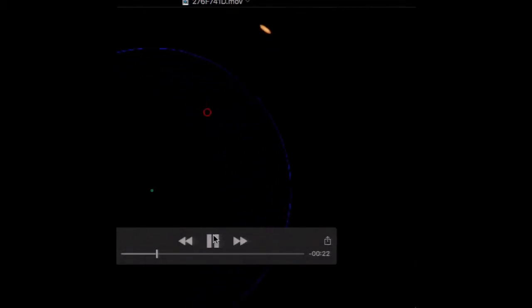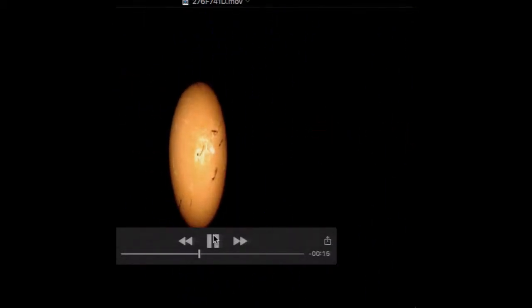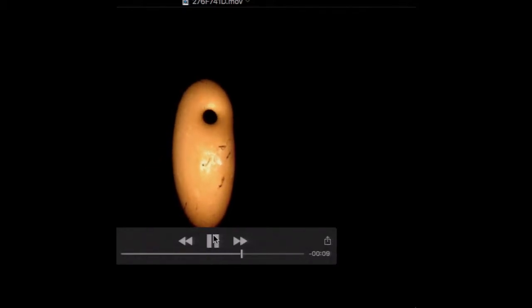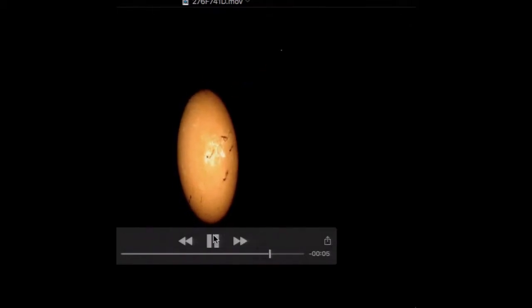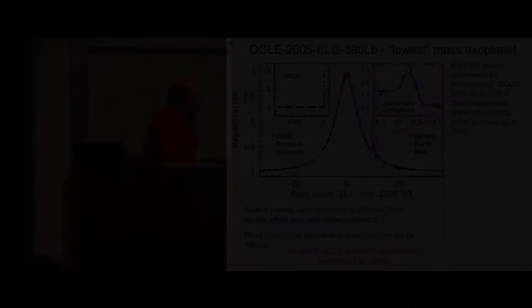Here's the major image caustic. Okay, and so we focus in on that, and then the planet is coming up here near this other image, and then it moves across here, and you can see kind of a circulation of the features going across the Einstein ring.